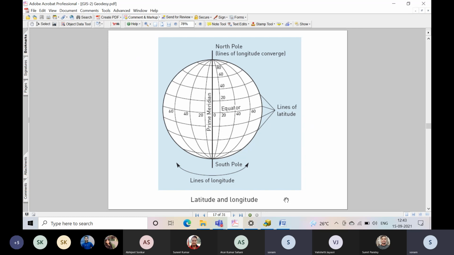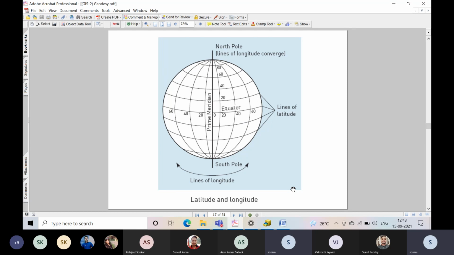Now I'm moving to the next topic, although we have very little time right now. A part of it will be covered today and the rest on Friday. This is about latitude and longitude. How many of you will define latitude as the horizontal line and longitude as a vertical line?